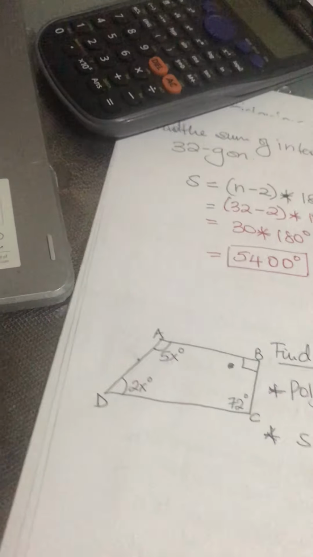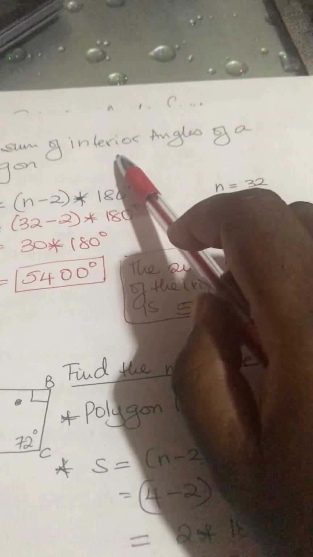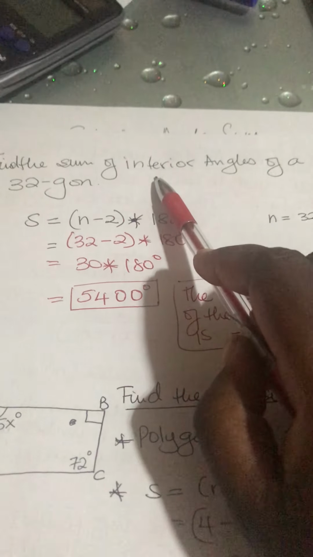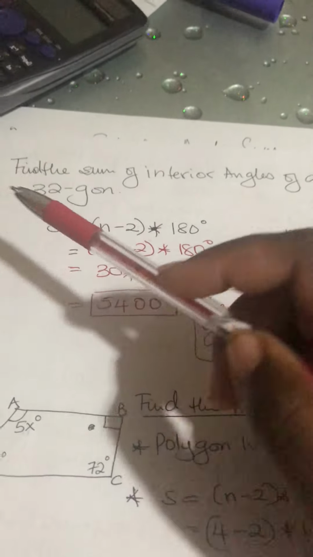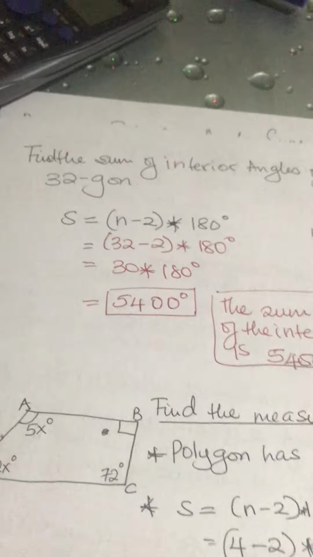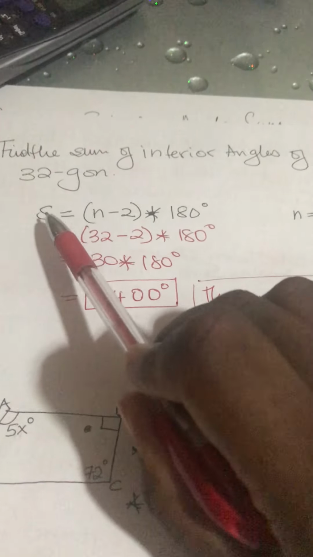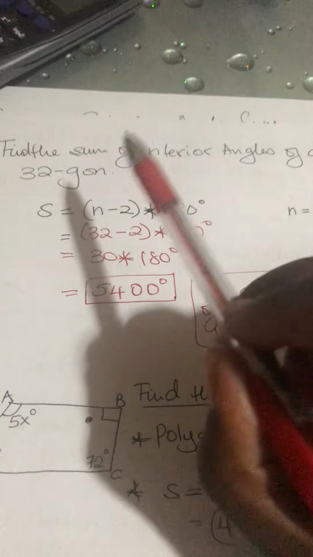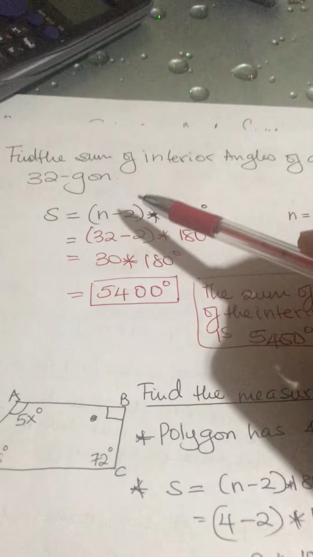Now, we did an example. Find the sum of interior angles of a 32-gon. It doesn't matter whether it's regular or irregular. So I do the formula. S equals n minus 2 times 180. My n is 32 because it says it's a 32-gon.